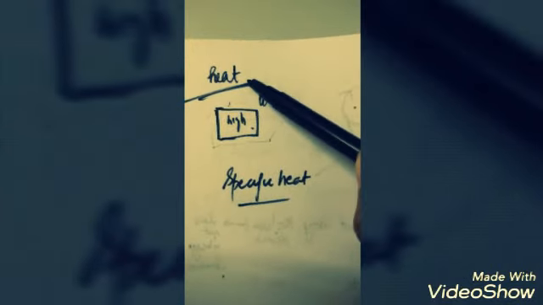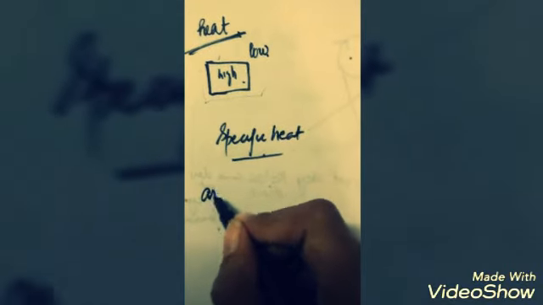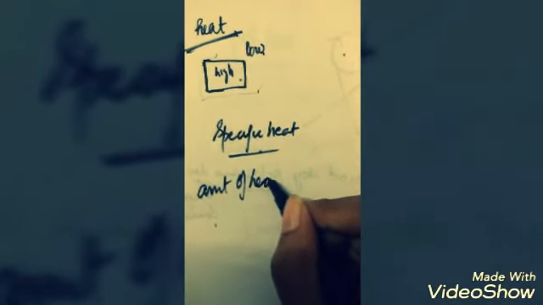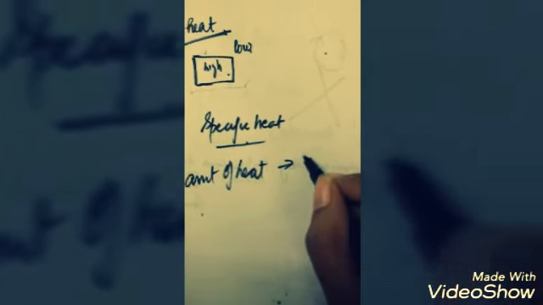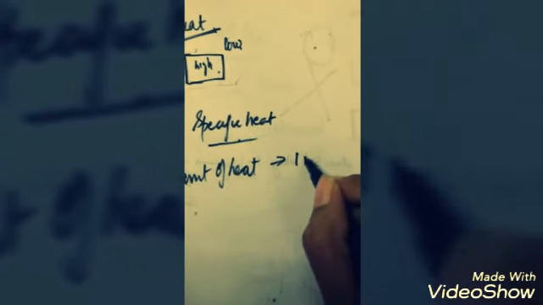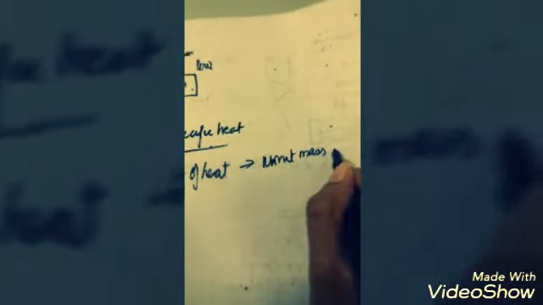What is specific heat? It is the amount of heat required to increase the temperature by unit degree of a unit mass substance. So specific heat is the amount of heat required to raise the temperature of a substance of unit mass by 1 degree Celsius.